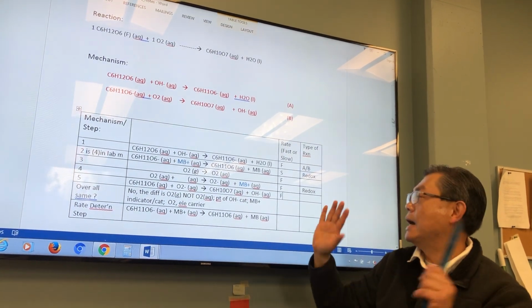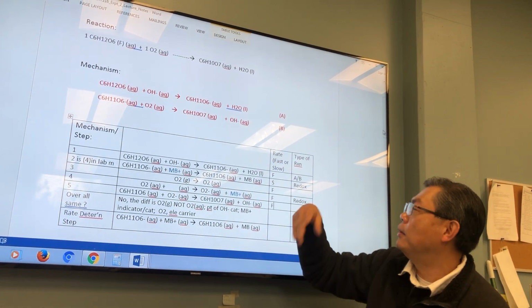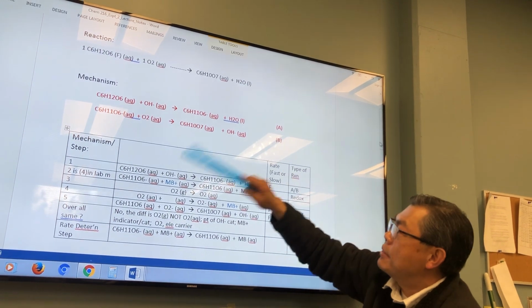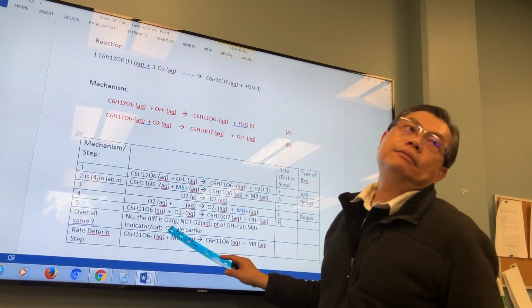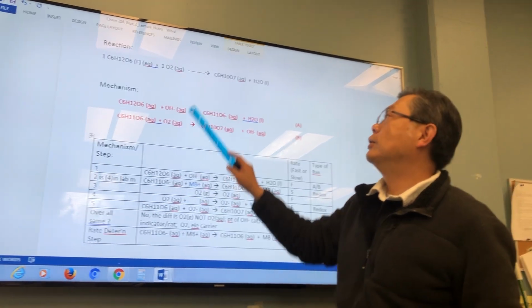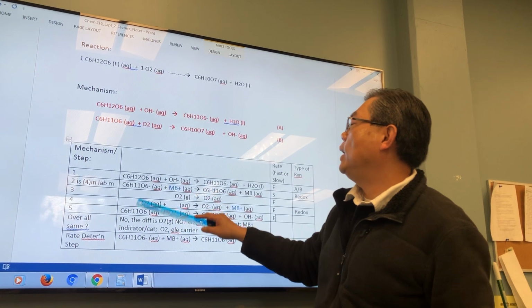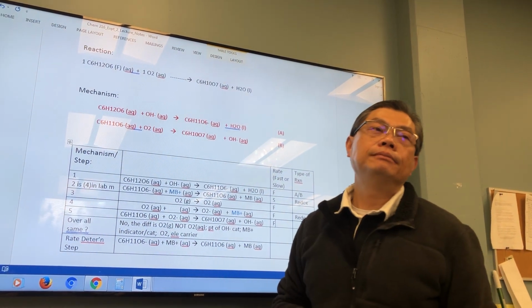After you cancel out everything, the leftover is this one, but it's oxygen gas. So it's not quite this one when we combine the 5 steps.